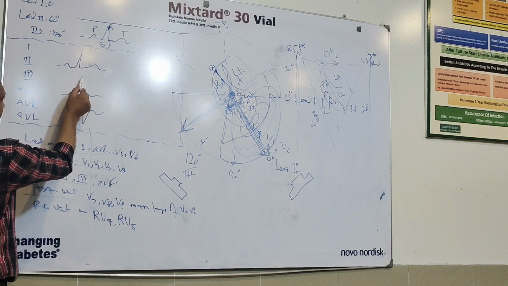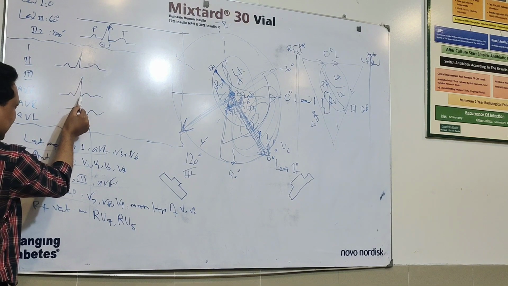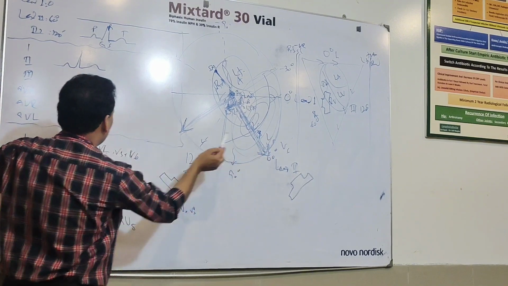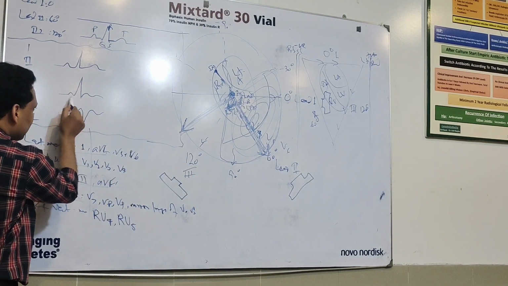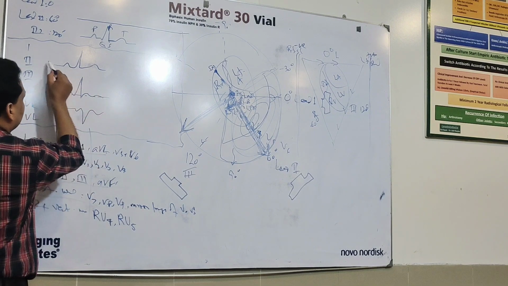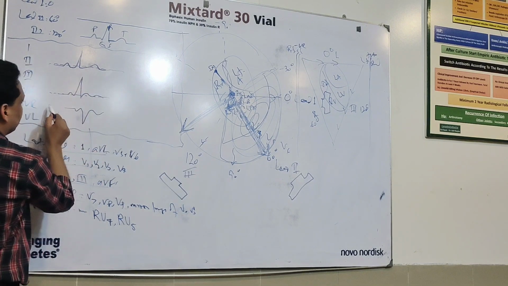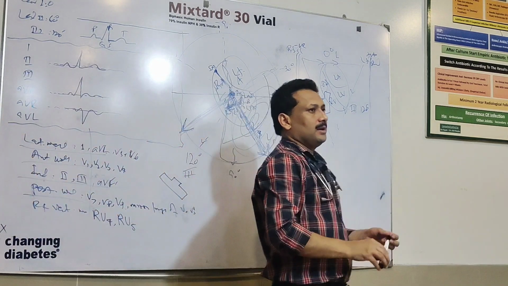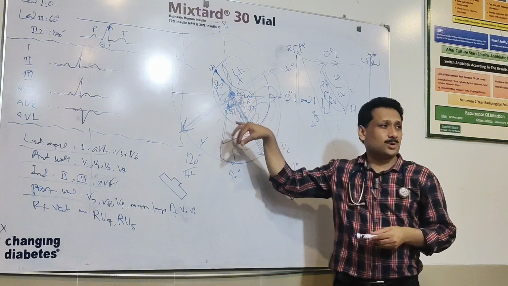But here, it is above the baseline and slightly below the baseline, because it is not in the exact direction but very close. So I am just drawing it a little bit underneath the baseline as well. This is the baseline.